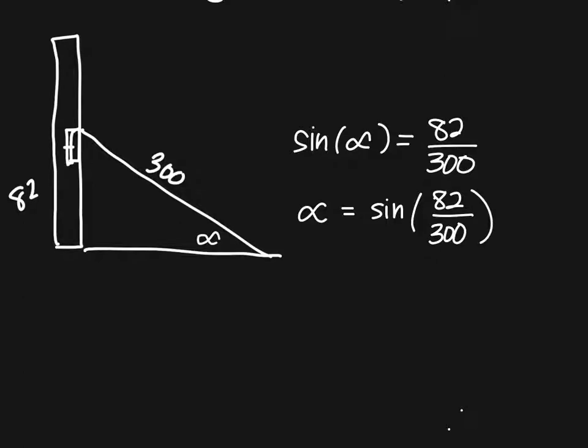So go ahead and grab your inverse of sine. Go ahead and grab your calculators. Make sure they still stay in degree mode. And tell me what the angle of elevation should be. Say it again. 15.8. You're not in degree mode, I don't think.